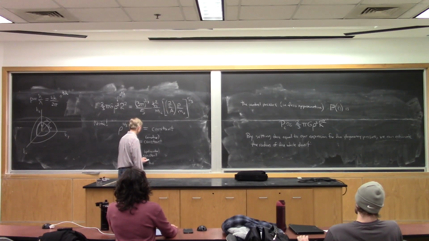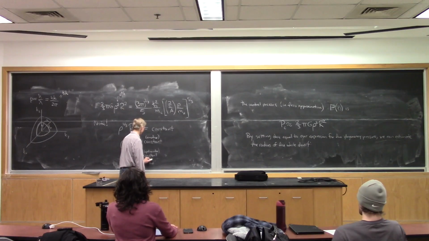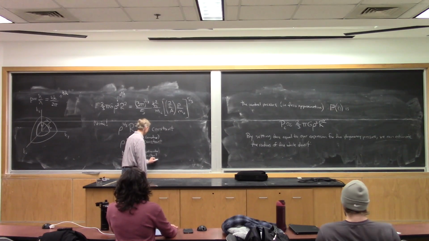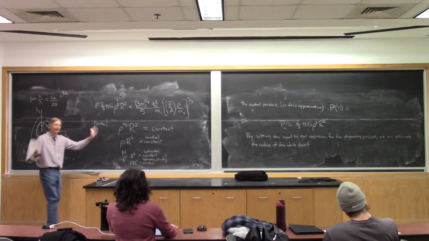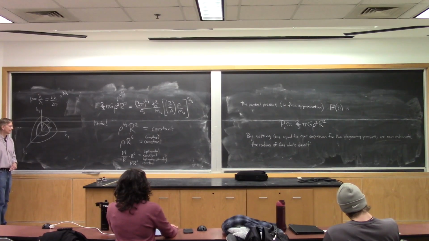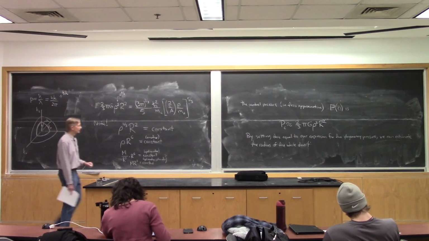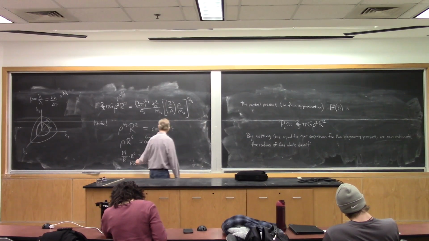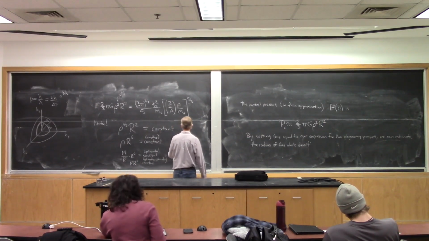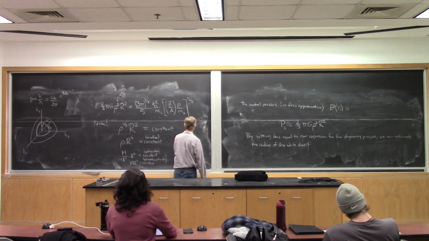Yet another constant, it doesn't matter what. So M R cubed is a constant, but if M R cubed is a constant, then M times 4/3 pi R cubed is a constant.